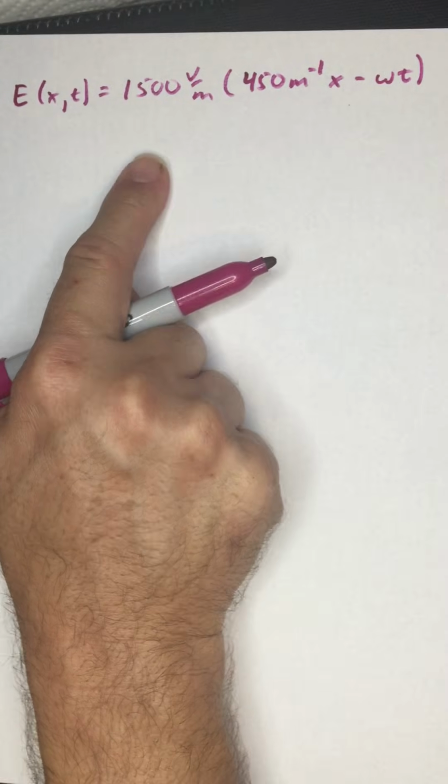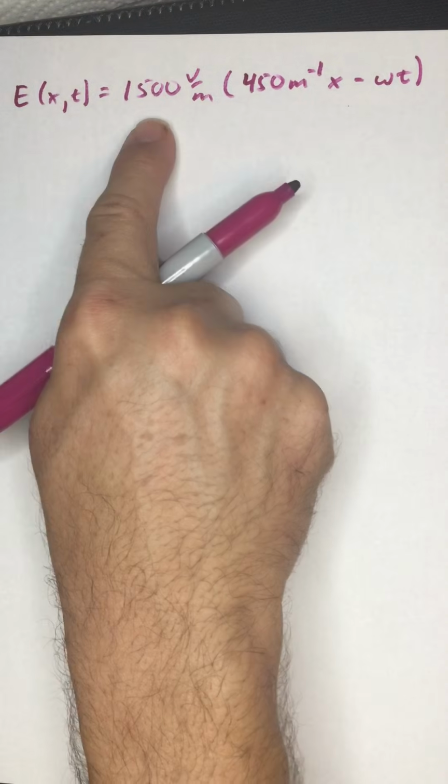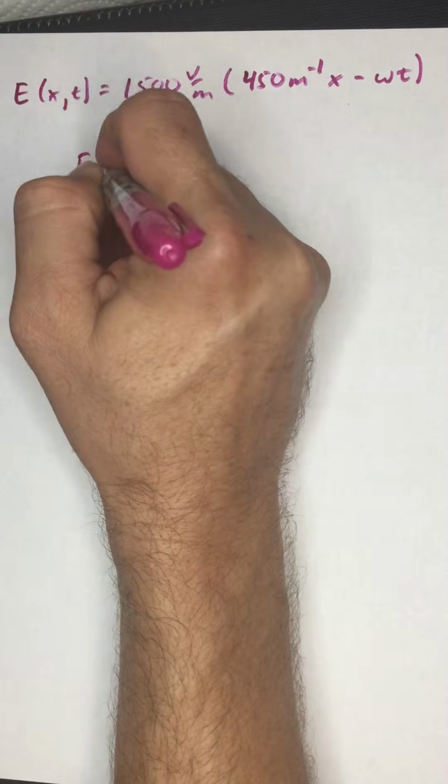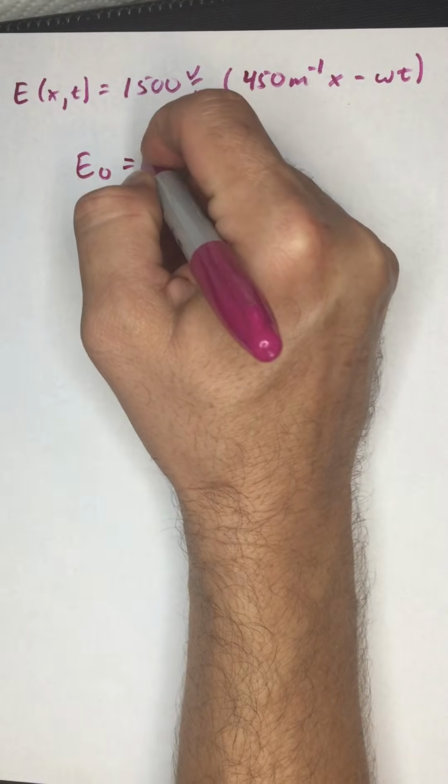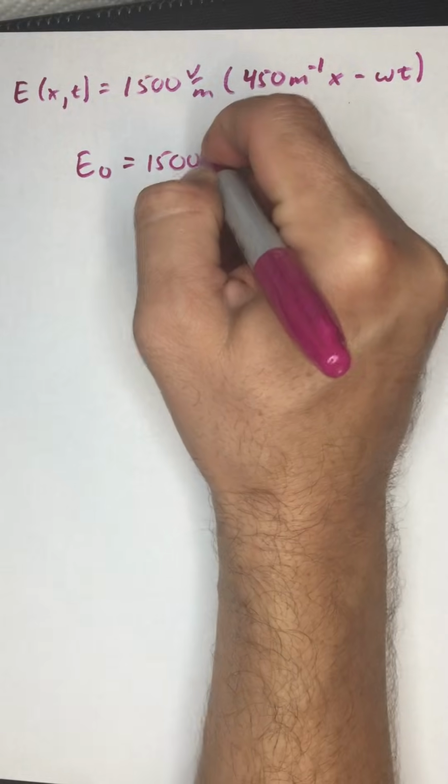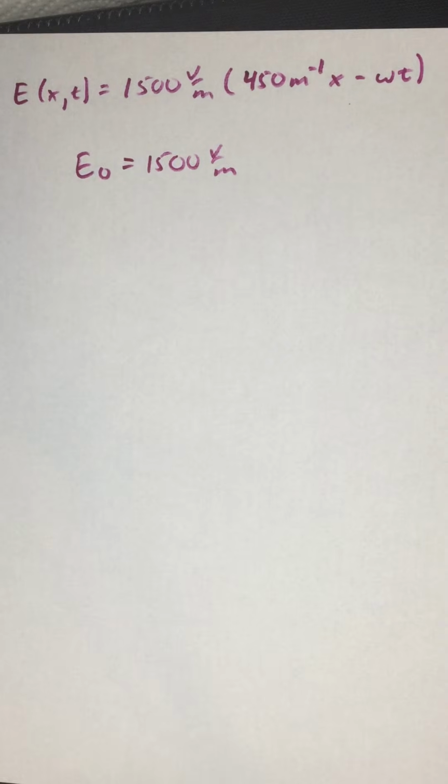Now we say, all right, what is the peak value of this wave? What is the maximum E value? I mean, it's sitting right here in front of you. You just read it off. You compare it to the equations I just showed you, and it's just that simple. E naught is equal to 1500 volts per meter.